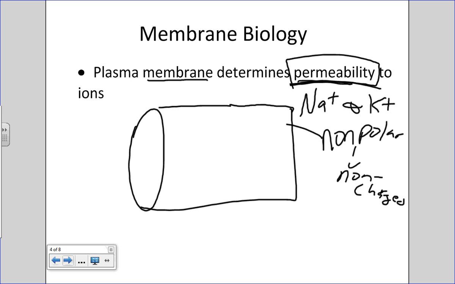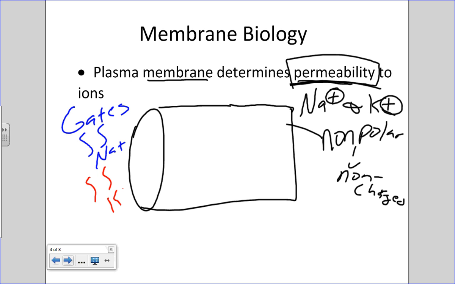Being that these ions carry a charge, they cannot just freely pass in and out of the cell membrane. So membranes have gates. We'll use blue to represent a sodium gate, and red to represent a potassium gate.